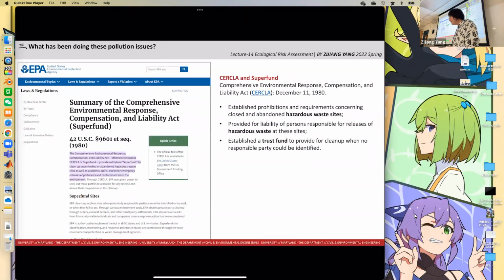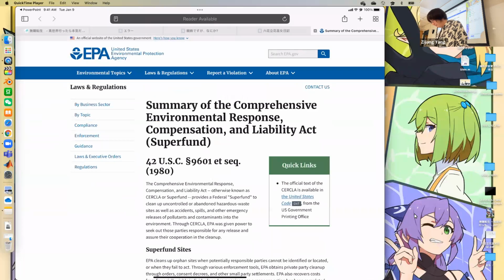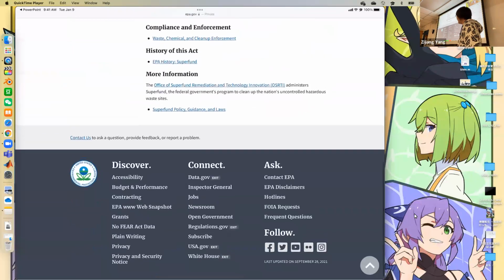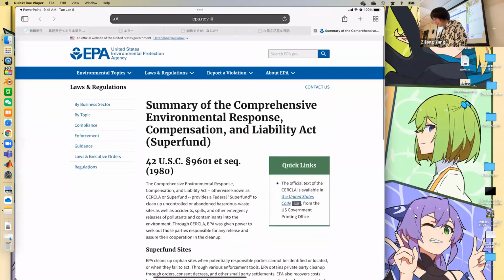The full name of CERCLA is Comprehensive Environmental Response, Compensation, and Liability Act. The details can be found on the EPA website. I just have a link here, so we can go to this website if we are interested in this topic.